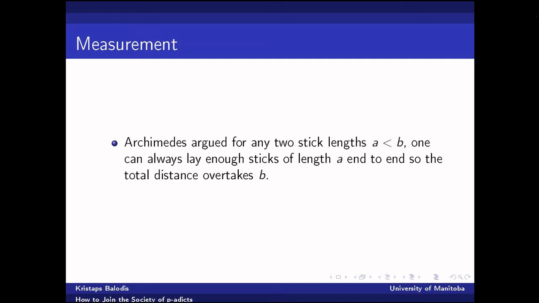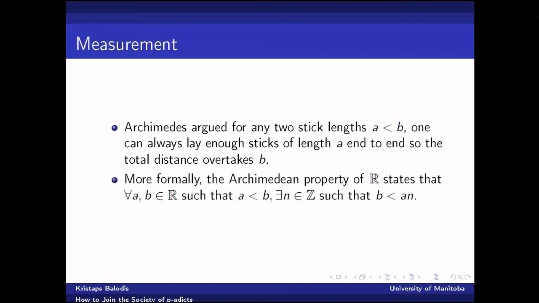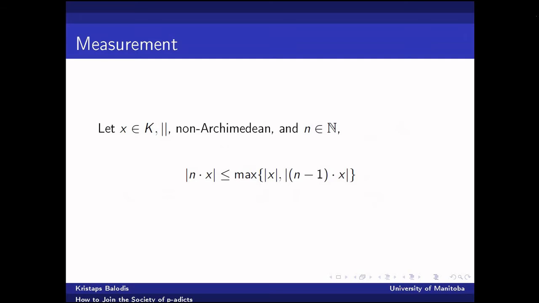In one of his texts, he put forward this argument: if you've got two sticks of different lengths, and you stack up enough sticks of length A beside the one stick of length B, eventually, with enough of those smaller sticks, the total length will overtake the length of B. In our case, we say more formally that the Archimedean property of the real numbers says that for any pair of real numbers, if A is less than B, then there's some n such that A times n is greater than B. Of course, this holds for the real numbers, and we can augment this a bit to talk about the norm of A versus the norm of B.